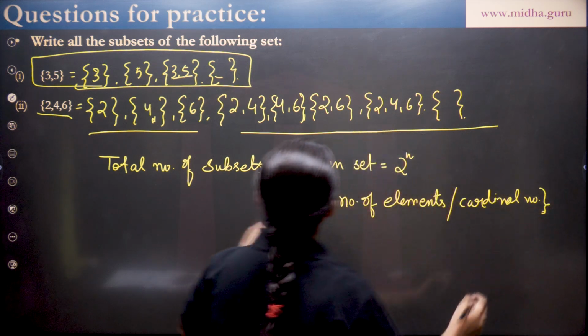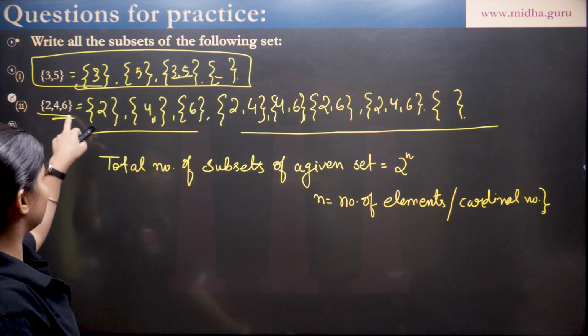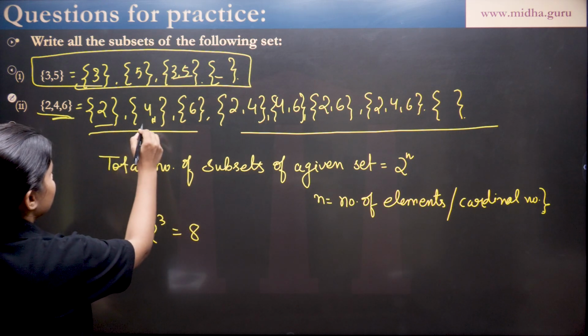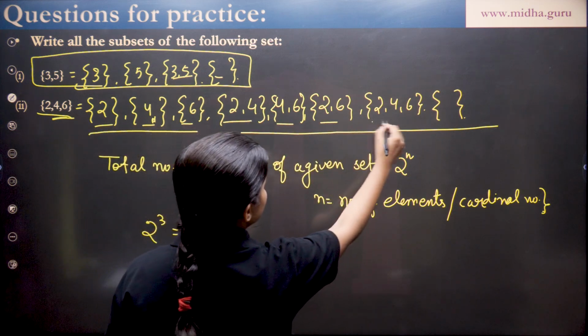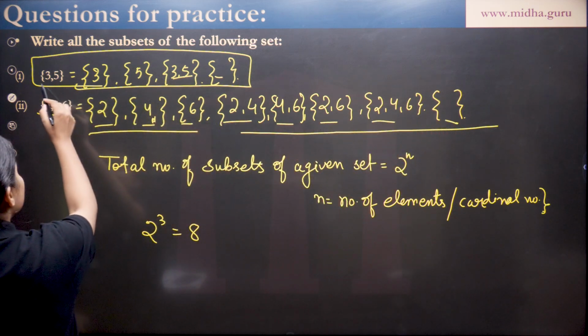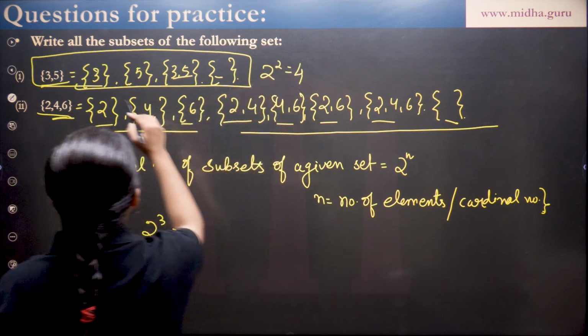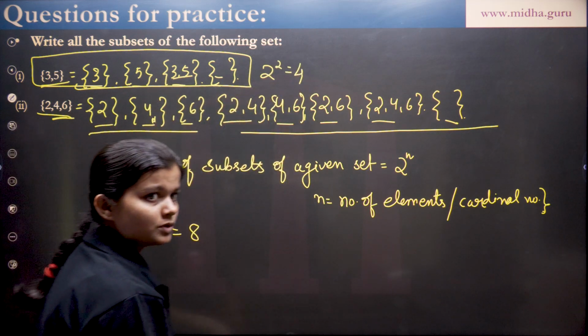So this set has 3 elements, so 2 to the power 3, that is 8. So it has 1, 2, 3, 4, 5, 6, 7 and 8 subsets. This set has 2 elements, so 2 to the power 2, that is 4. So it has 1, 2, 3 and 4 subsets.